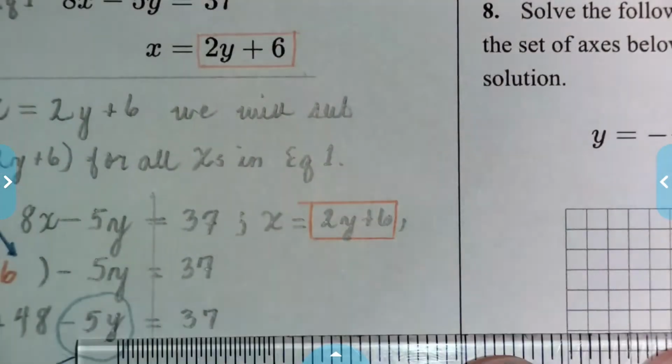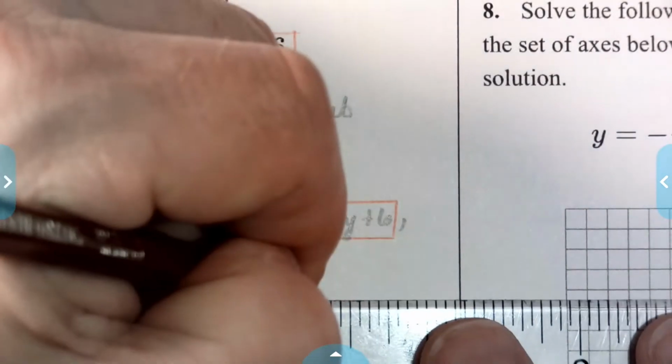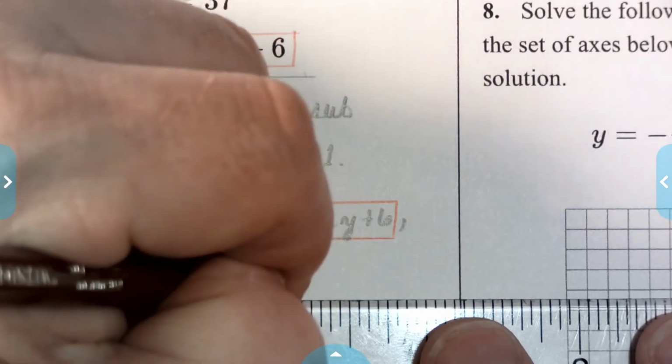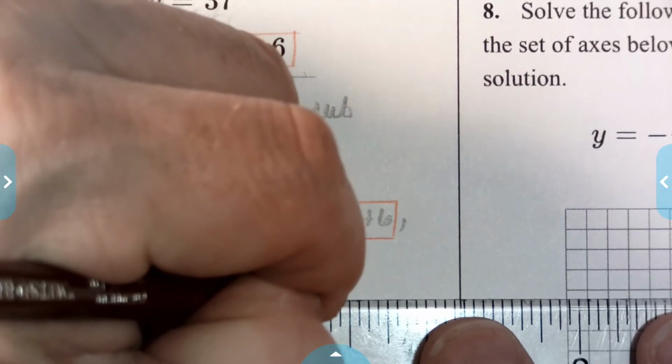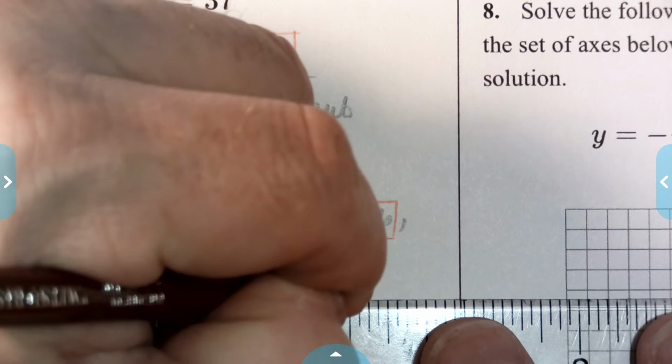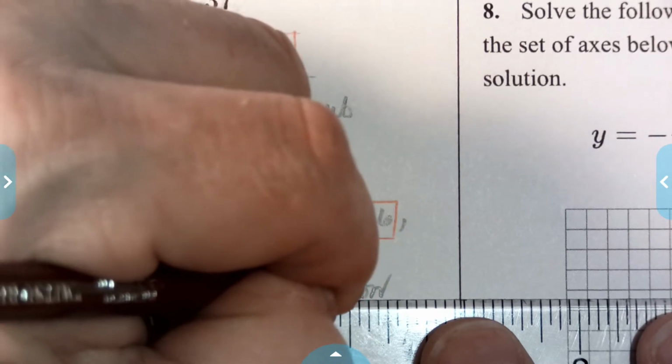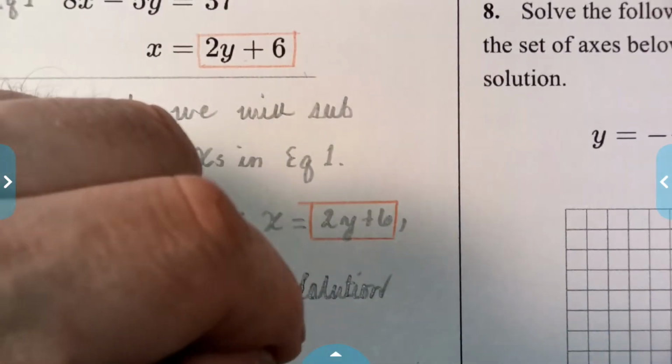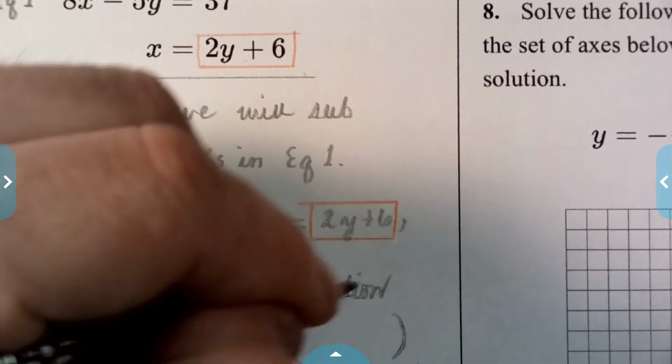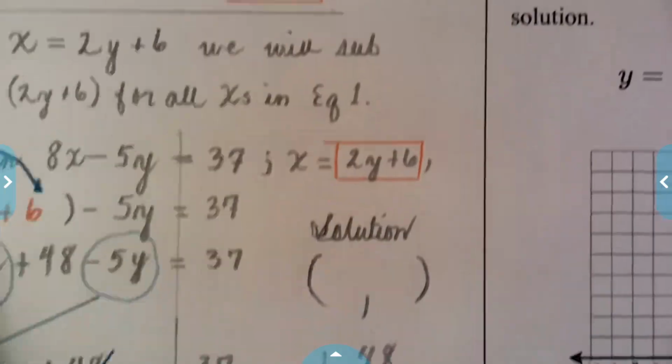So we have part of our solution. Our solution is a pair of coordinates, and the y value of the solution is negative 1.